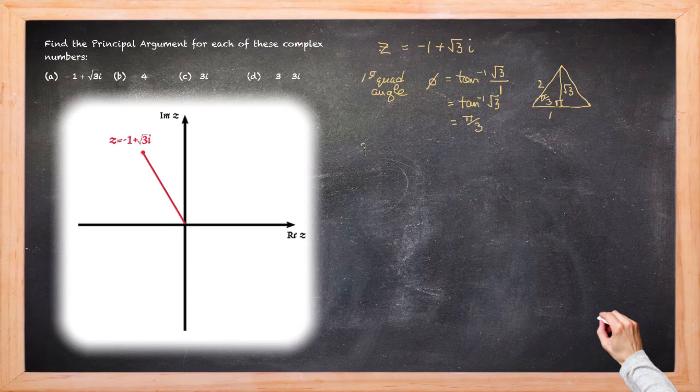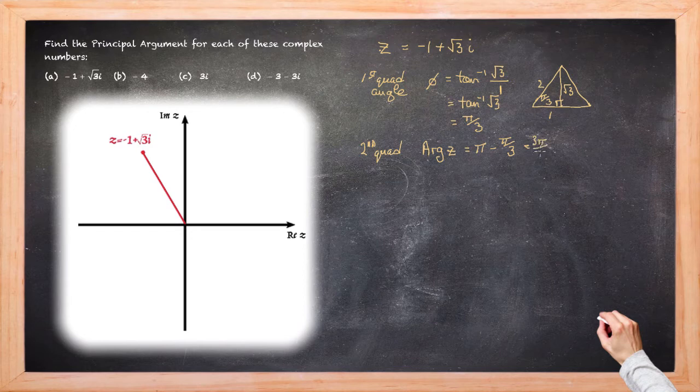Now, where is z? Z's in the second quadrant. And remember, in the second quadrant, to get the principal value of the argument for z, we go all the way around to pi and then come back by the first quadrant angle. So it's pi minus pi upon 3. That'll be 2 lots of pi upon 3.